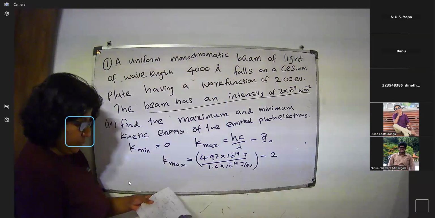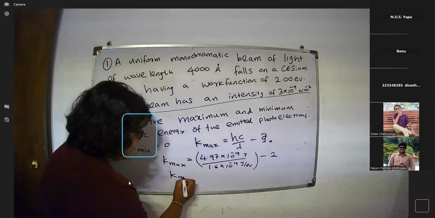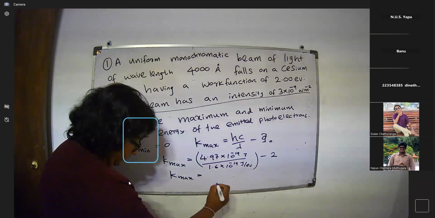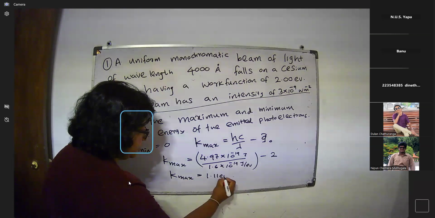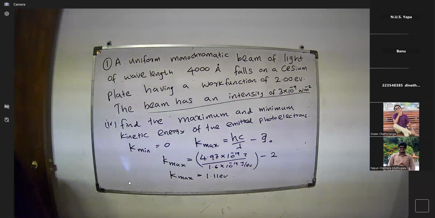So you can find the K maximum value, 1.11 electron volts. Right? Please check the answers. This is the minimum and maximum kinetic energy of the emitted electrons.